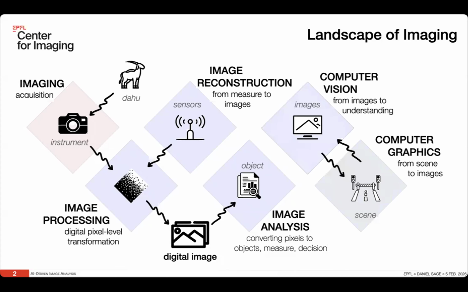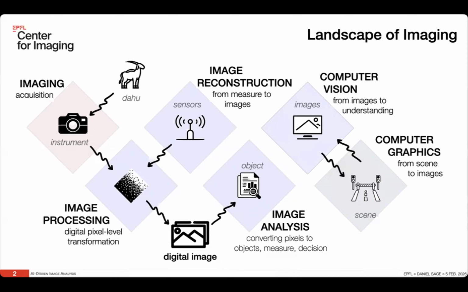There is also another discipline, computer vision, which has a very strong link with image analysis. In computer vision, the input is an image, and the output is a description of the image like a human. Computer vision is very linked to human vision.